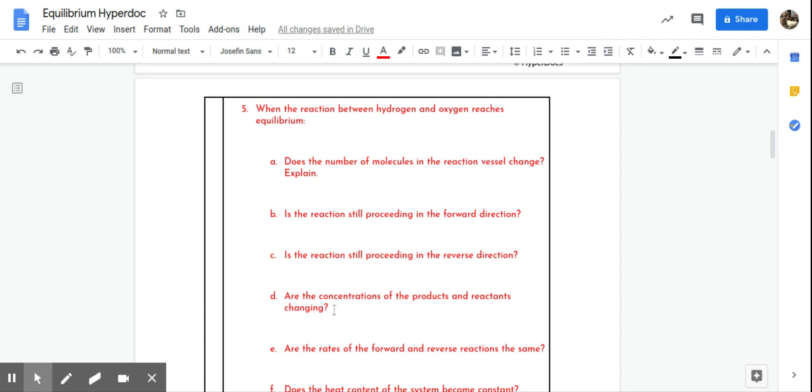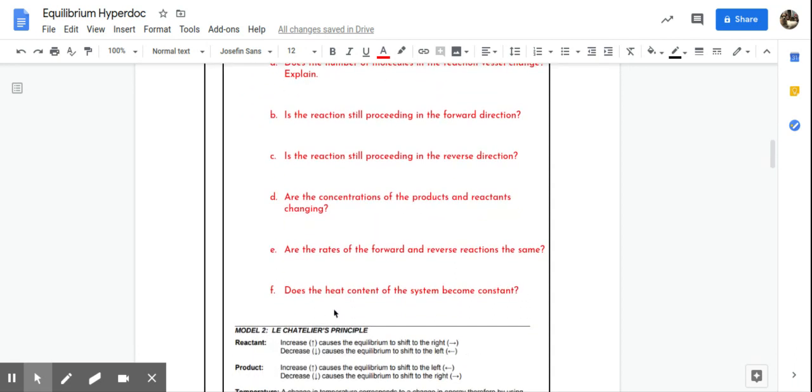Are the concentrations of the products and the reactants changing? No. We're going to keep those concentrations the same. Which brings us to E. Are the rates of forward and reverse the same? Yes, they have to be. So that's going back to the people in the plant or the grocery store.